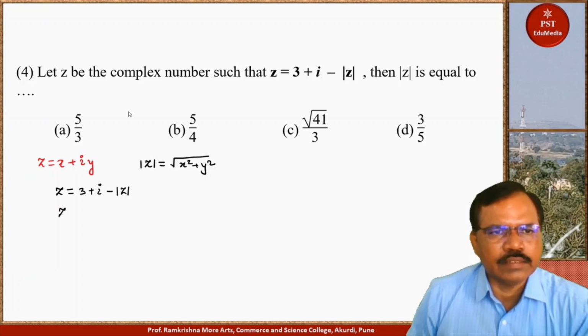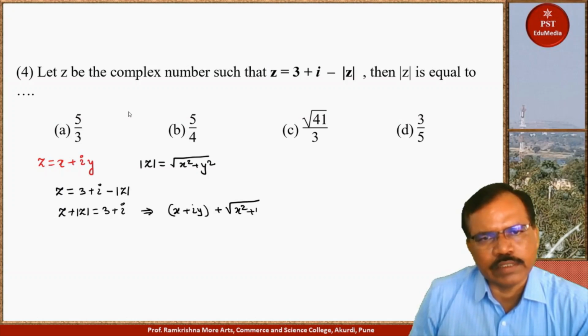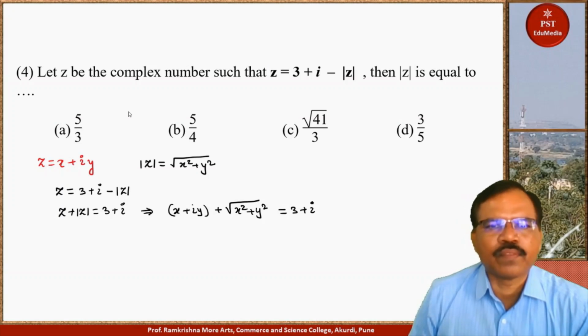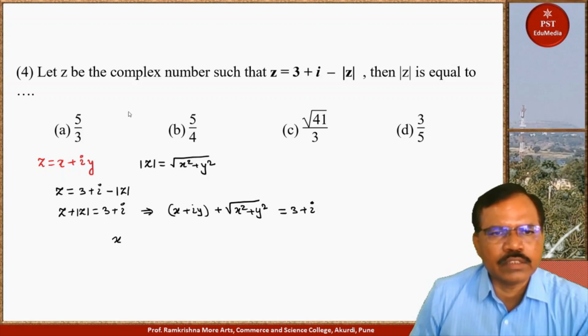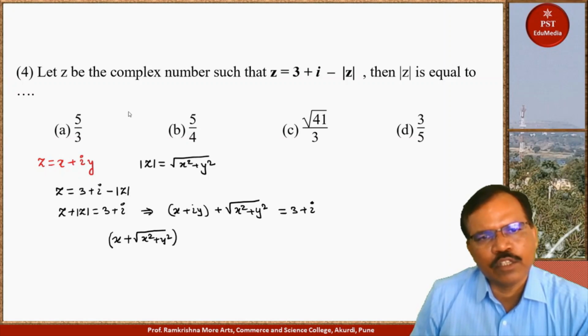Now z is given as 3 + i - |z|. So we can write this as z + |z| = 3 + i. Now z is x + iy, plus the square root of x squared plus y squared, and this is equal to 3 + i. So we get (x + sqrt(x² + y²)) + iy = 3 + i.